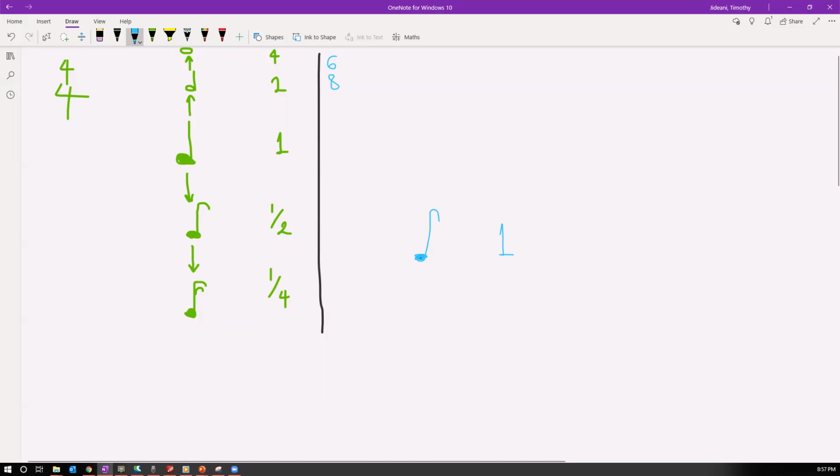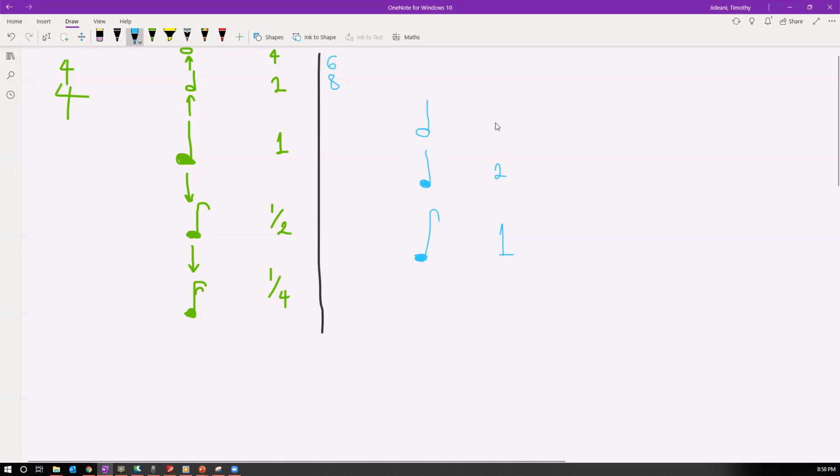Okay. So in the course of the music, we have now a crotchet. We will then have 2 beats. Then in the course of the music again, we have a minim or a half note.